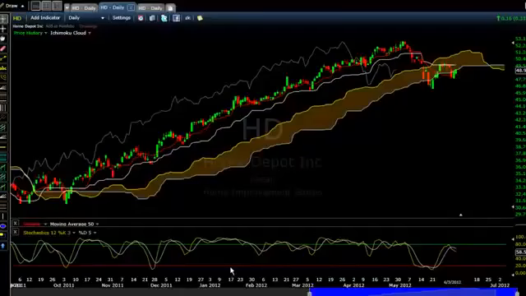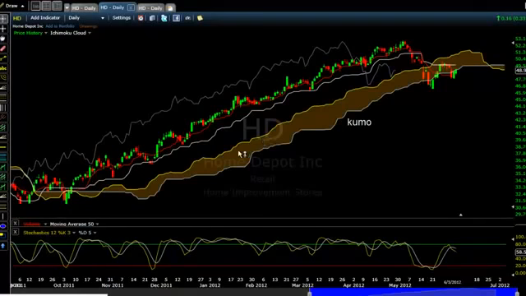So let's take a look at a few charts, and we'll discuss Tenkan-sen, Kijun-sen, Chikou, span A and span B, and the Kumo, to give you a sense of the use of Ichimoku. Okay. Now, first off, you notice the Kumo, which is comprised of span A and span B. In a bullish chart, span A is on top, span B is on the bottom.